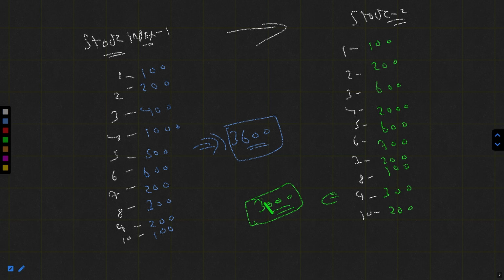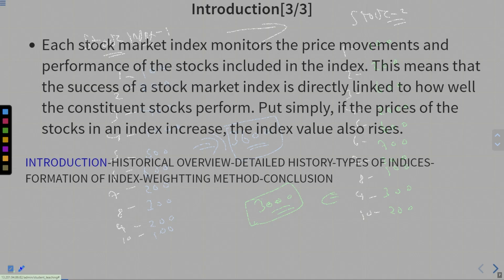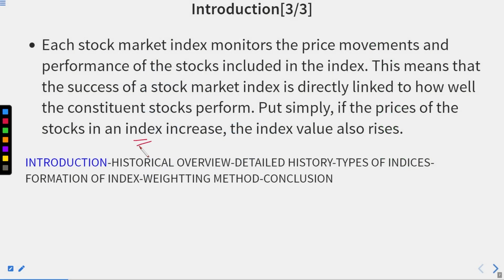So what you are seeing here is that individually, some of the stocks' values have increased. If we go by the words written down here, when the prices of the stocks increase, the index value also increases.